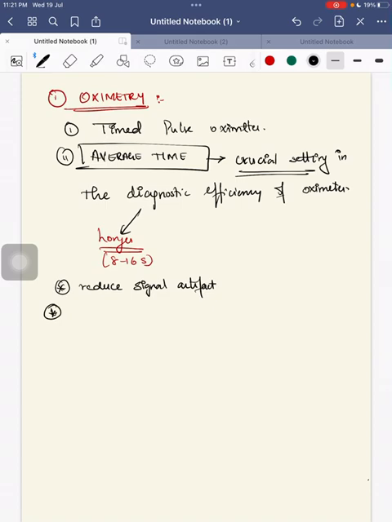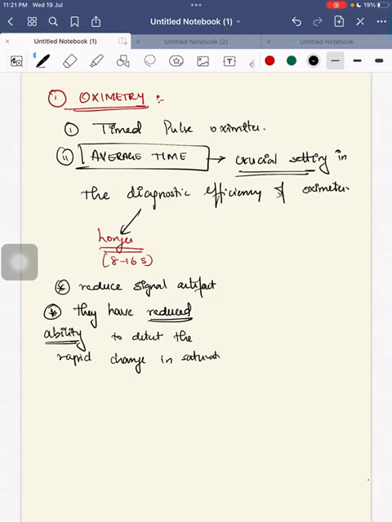but they have a reduced ability to detect the rapid change in saturation. Therefore an average time of 2 to 3 seconds is used.